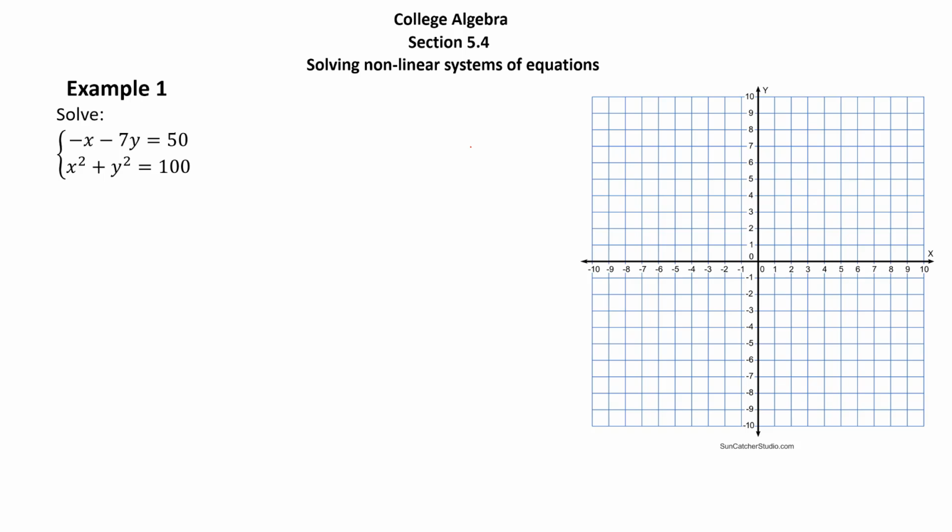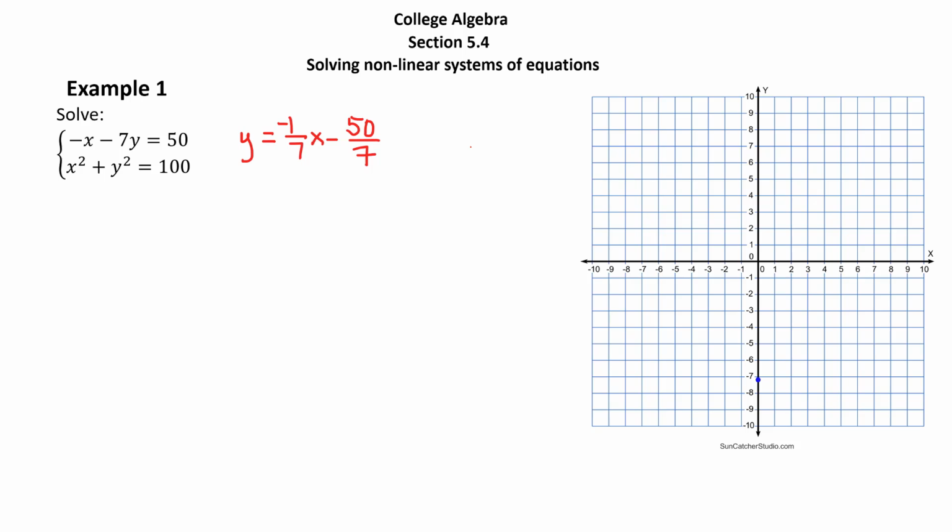So first of all, with the linear equation, we would isolate y, and we can see that we have a slope of negative 1/7 and a y-intercept of negative 50 over 7. So that is a line. We could go ahead and graph that line. So the y-intercept is negative 50 over 7, which is about 7 1/7 down there.